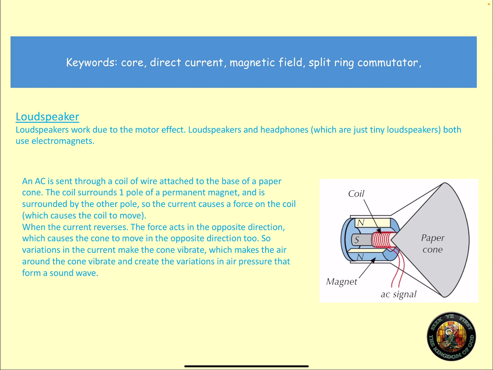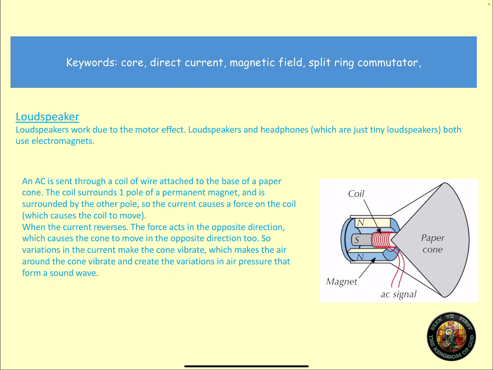When the current reverses, the force acts in the opposite direction, which causes the cone to move in the opposite direction too. So variations in the current make the cone vibrate.